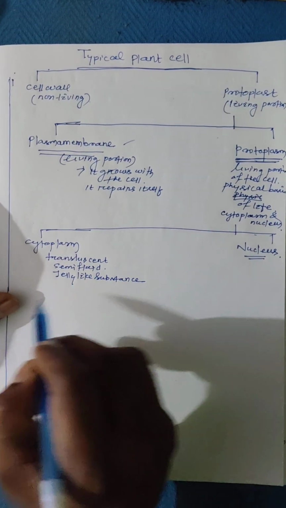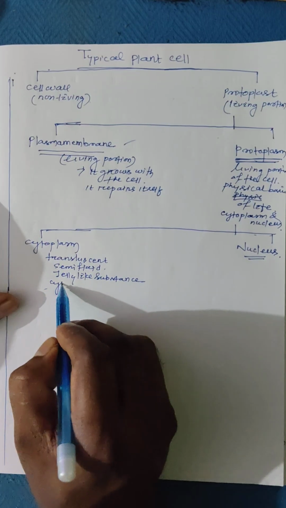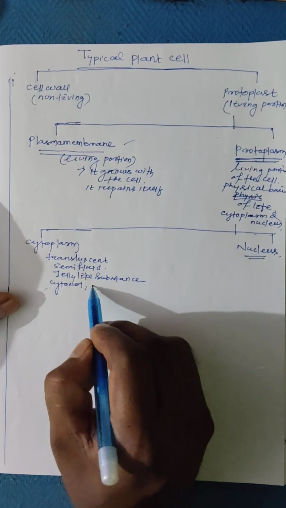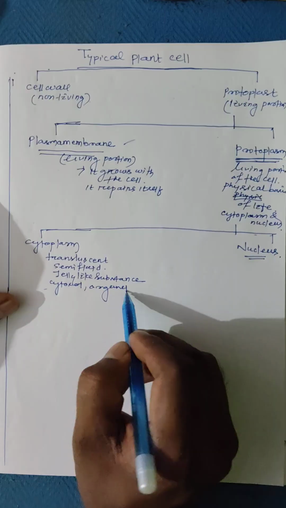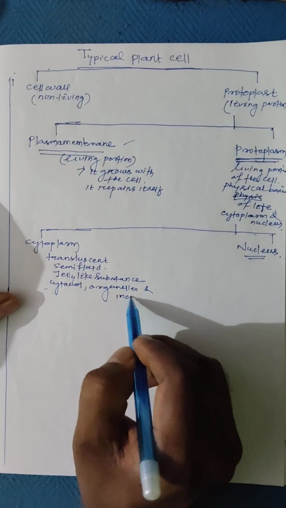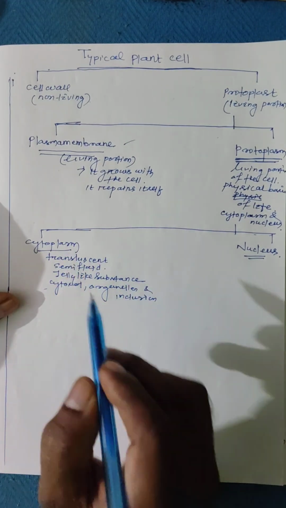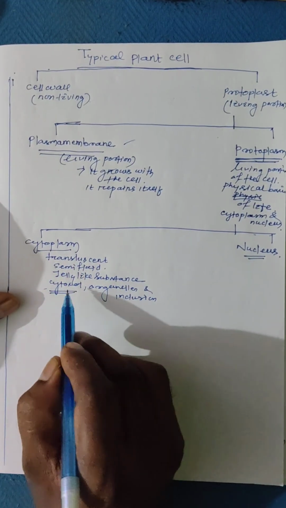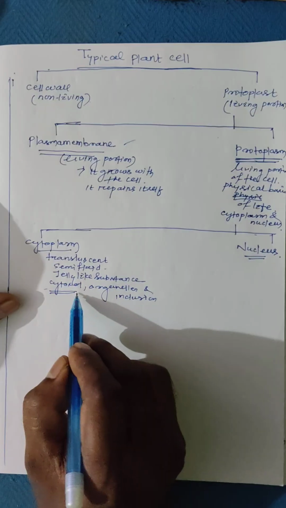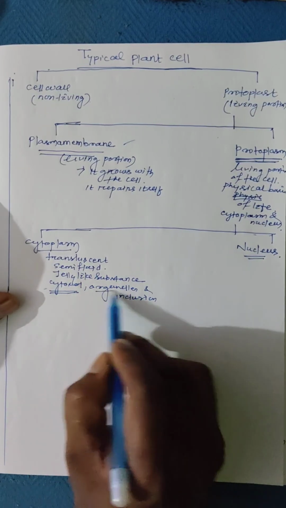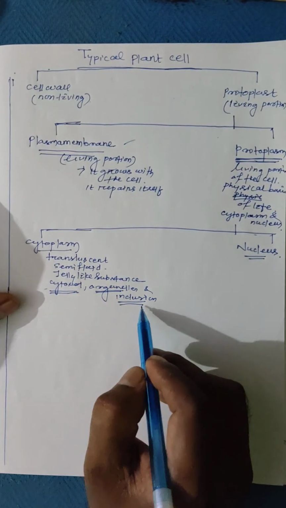that includes cytosol, organelles, and inclusions. So what we get inside the cytoplasm are three portions: the cytosol, the organelles, and inclusions.